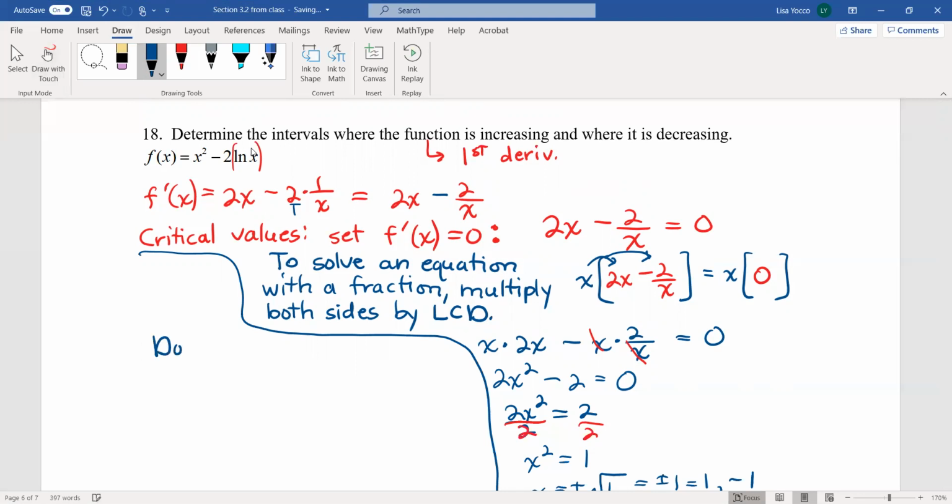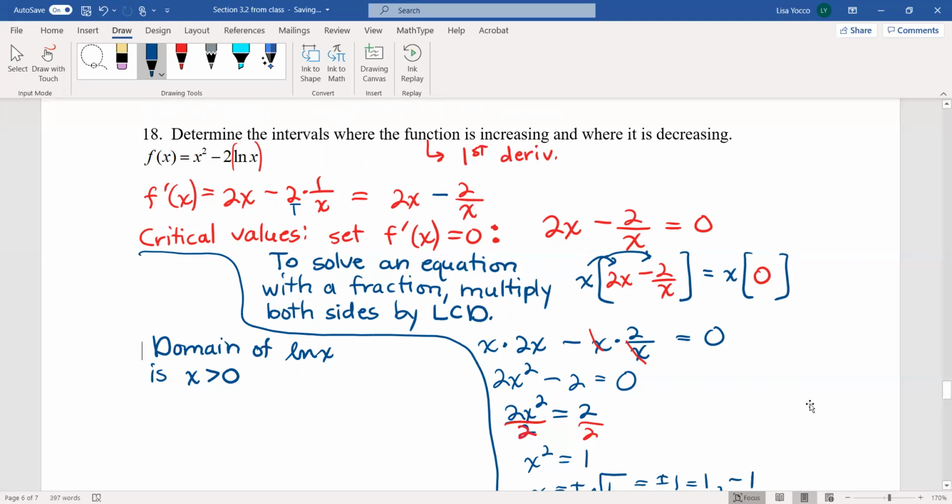You've got to go back and think: the domain of the ln of x, x has to be positive. The logarithm of 0 is undefined, and the logarithm of negative numbers is undefined as well.